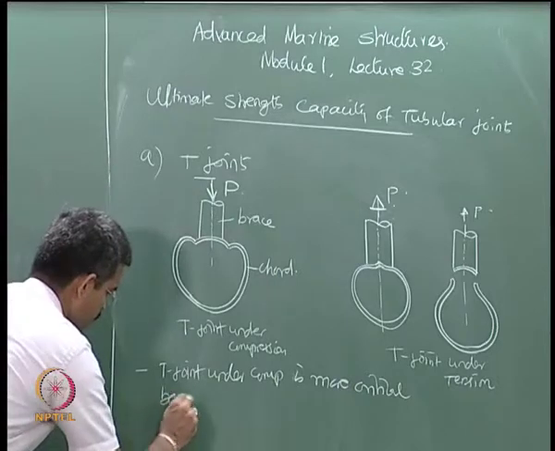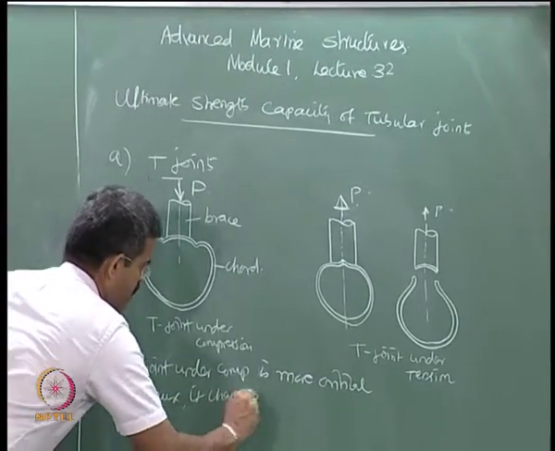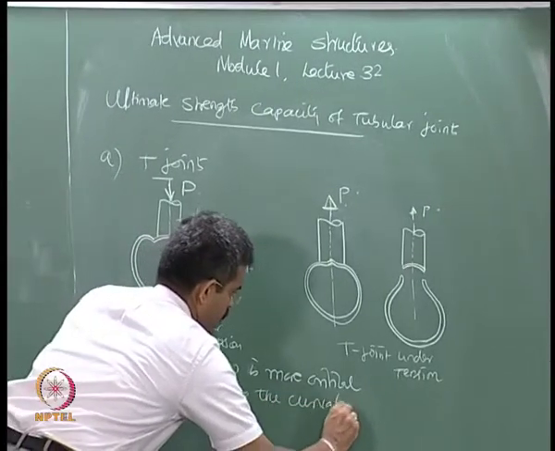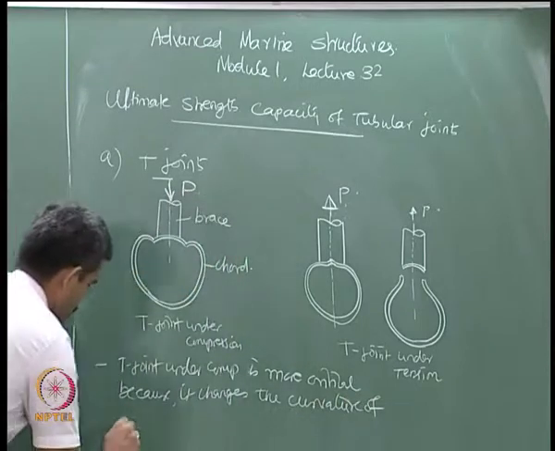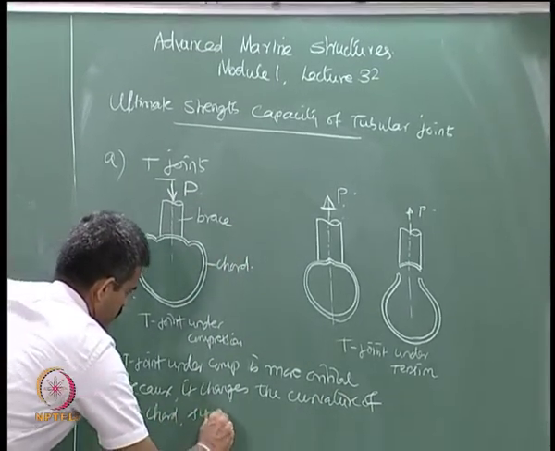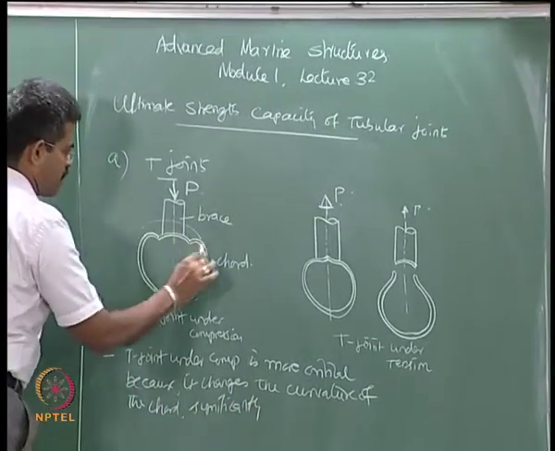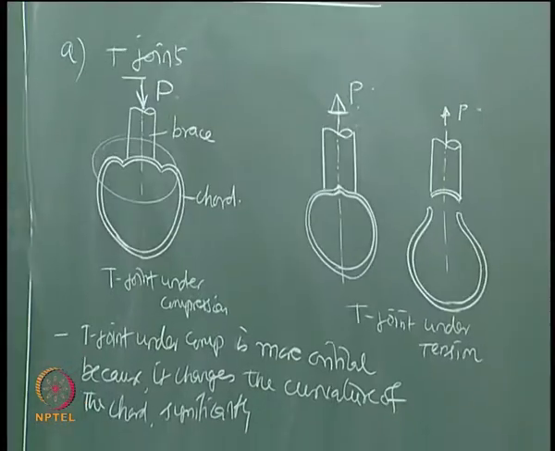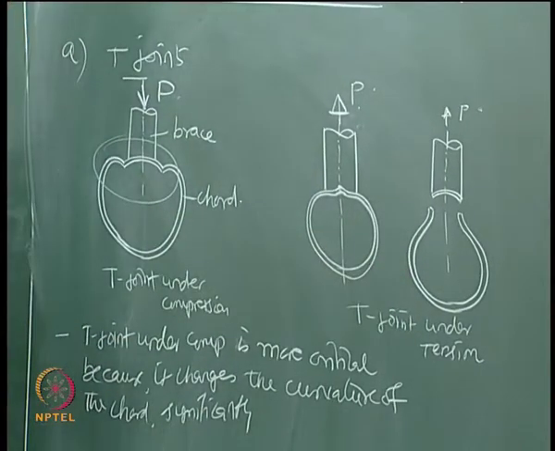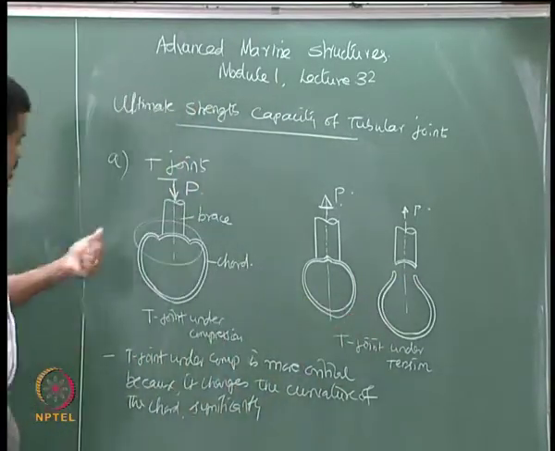because it changes the curvature of the chord significantly. You can see the curvature of the chord is changed significantly, whereas in the tension case the chord is opened, it becomes an open ring, whereas here the curvature changes.